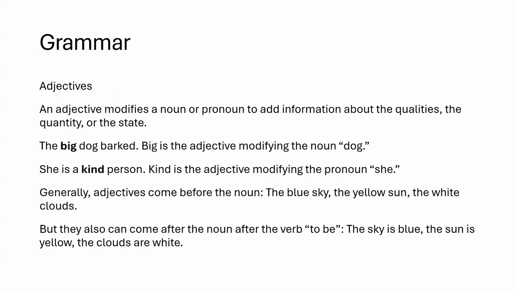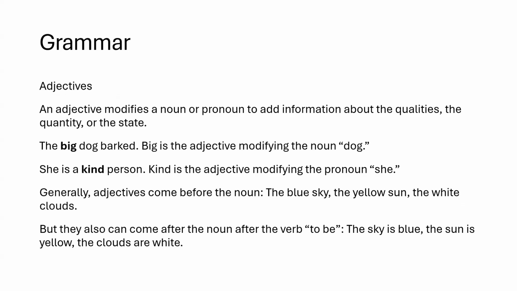Let's talk about adjectives. Adjectives can be a little easier to understand than gerunds and participles. So I wanted to bring this a little bit down because I think it might have been overwhelming. So an adjective modifies a noun or pronoun to add information about the qualities, the quantity, or the state. So the example here is in bold. The big dog barked.